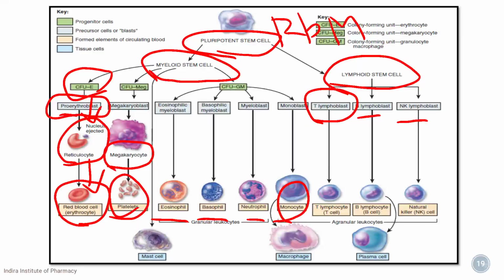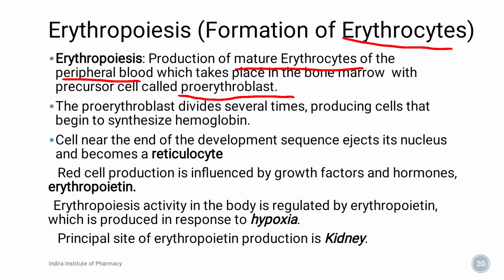So this is the first, you can see over here, proerythroblast. Proerythroblasts will divide several times. That is, they will undergo mitotic division several times, producing cells that begin to synthesize hemoglobin.